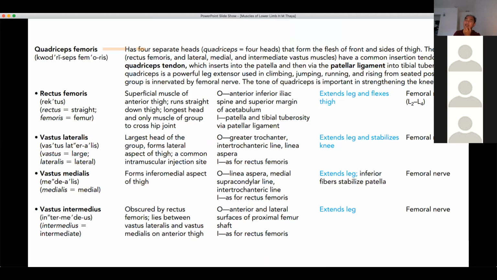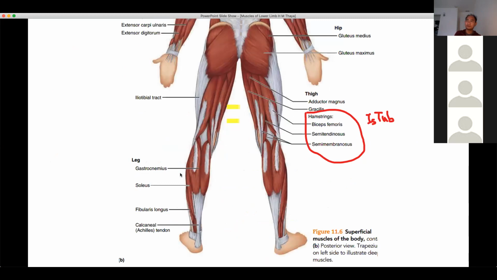Origin and insertion, have a little look, not very important, but the more you understand, the more interest you will have in looking into the origin and insertion of the muscle. But to start with, just try to know which muscle is which, and gradually expand your knowledge into origin and insertion. So, the back muscles, the posterior aspect of the thigh.